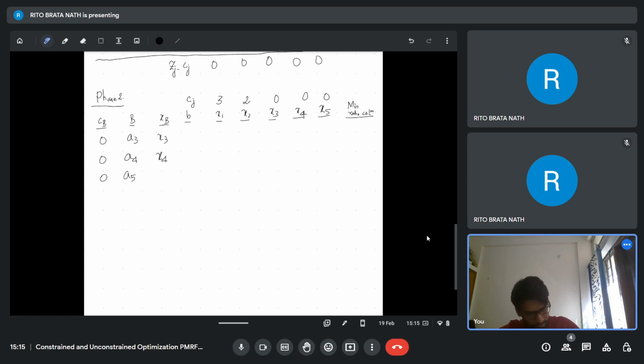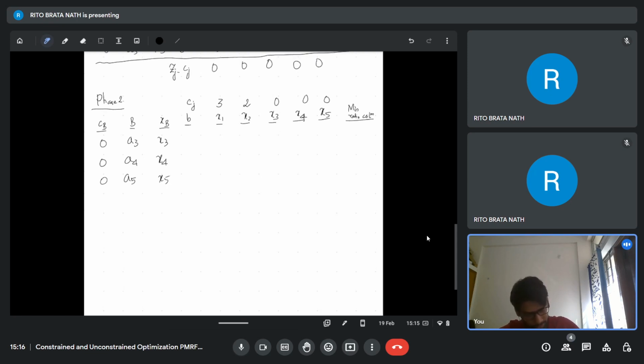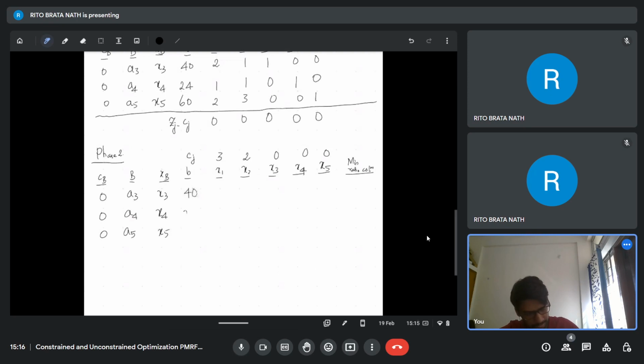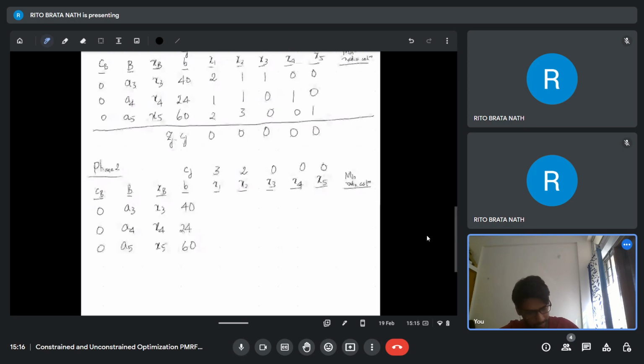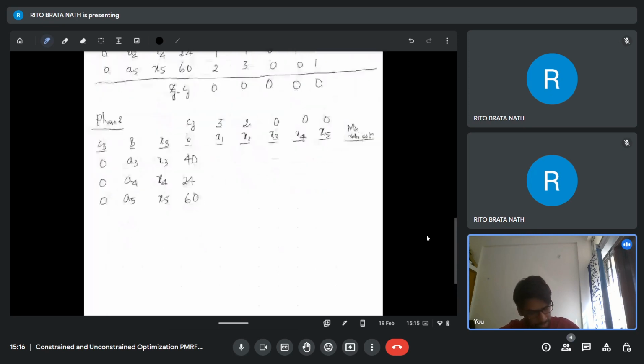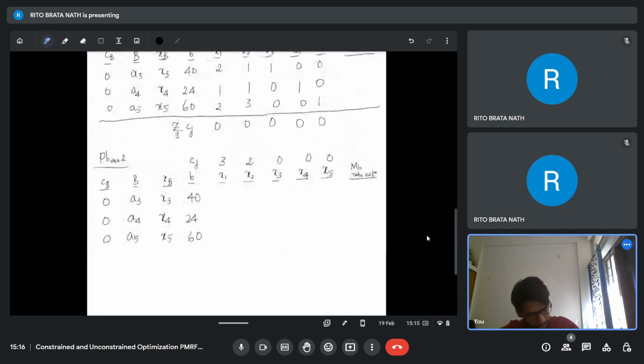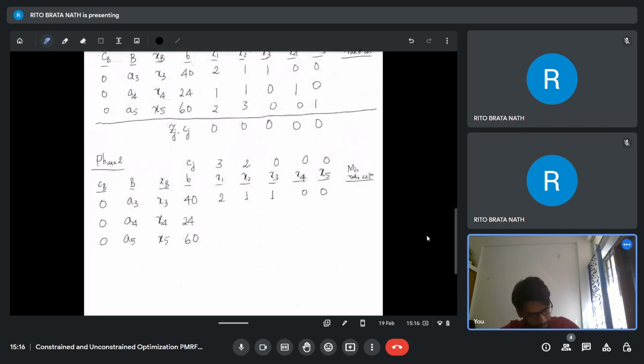This is 40, 24, 60, the same table that you had before. This is 2, 1, 1, 0, 0, then 1, 1, 0, 1, 0, and 2, 3, 0, 0, 1.